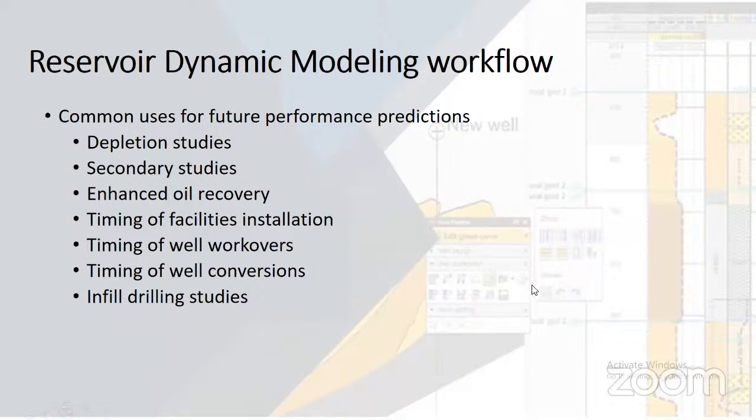In case you have a suggestion to apply water injection or gas injection, okay? You will run a simulation case to predict the production in case you apply water injection, and run another simulation case in case you apply gas injection.